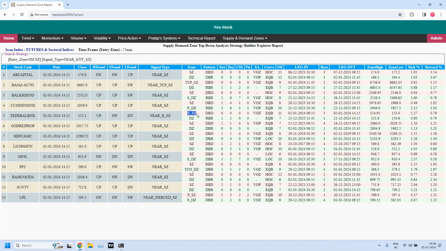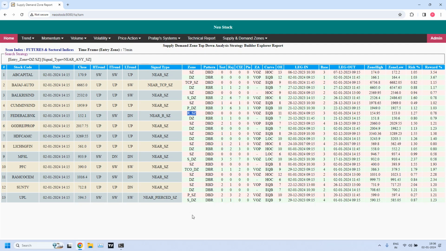One more, Federal Bank, high liquidity supply zone, a fresh zone. Even Bajaj Auto also a fresh zone. That's it, only 2 stocks.